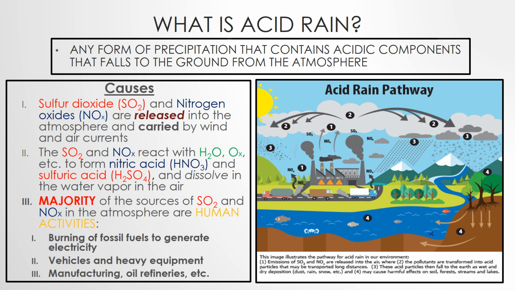It basically illustrates step 1, which is the sulfur dioxide and nitrogen oxides coming from factories and emitted from vehicles going into the atmosphere.